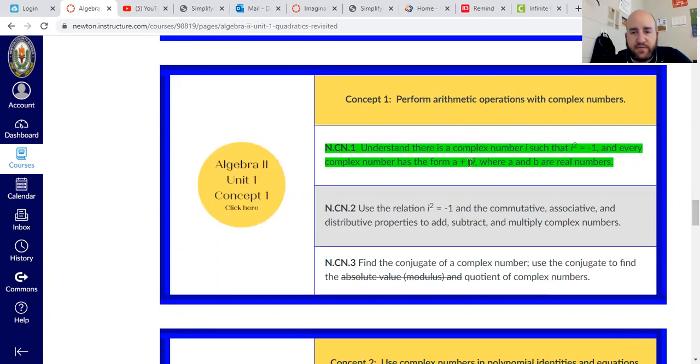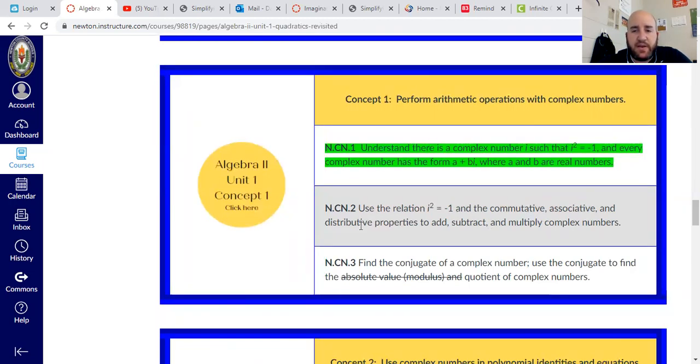Every complex number has the form a plus bi where a and b are real numbers. It's also in this one: use the relation i squared equals -1 and the commutative, associative, and distributive properties to add, subtract, and multiply complex numbers. So we'll explore what a complex number is next week. The commutative and associative properties basically work out to combining like terms.